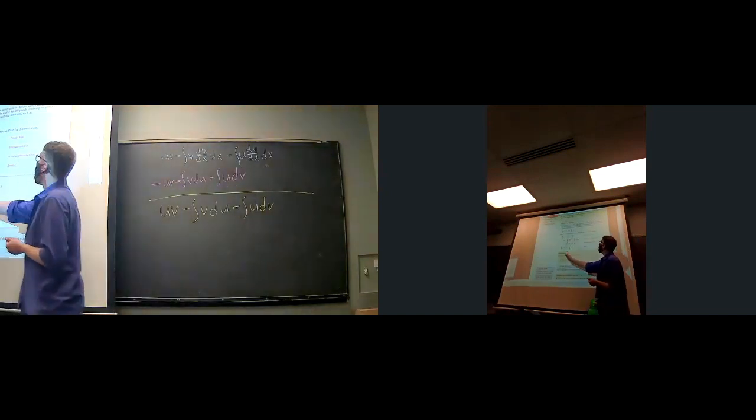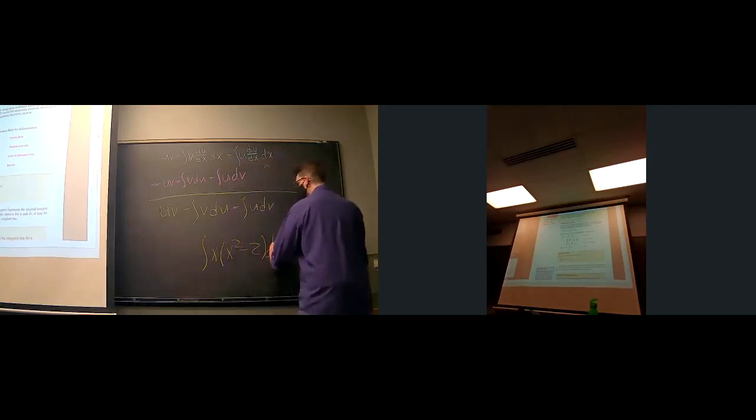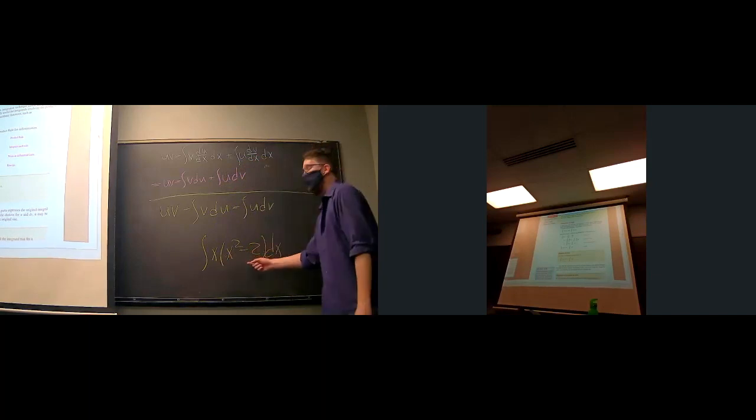Okay, so what we're looking at here is integration by parts. What the integration by parts tells us is that we can break up certain problems that are otherwise unsolvable. Like that problem that I had started off with, the integral of x squared minus 2 dx. Here, we can obviously go ahead and just distribute through, right?